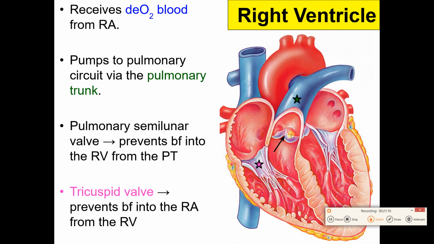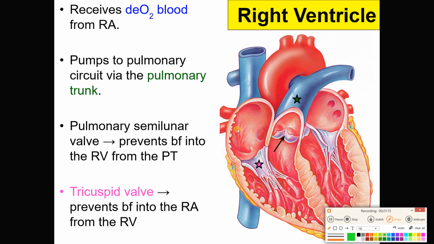The right ventricle gets blood from the right atrium. We're on the right side, so the blood is deoxygenated. The right ventricle pumps blood to the pulmonary circuit, and it starts with this kind of short artery. This is the pulmonary trunk.